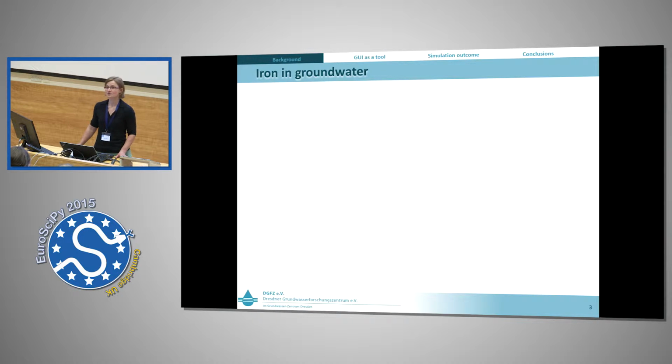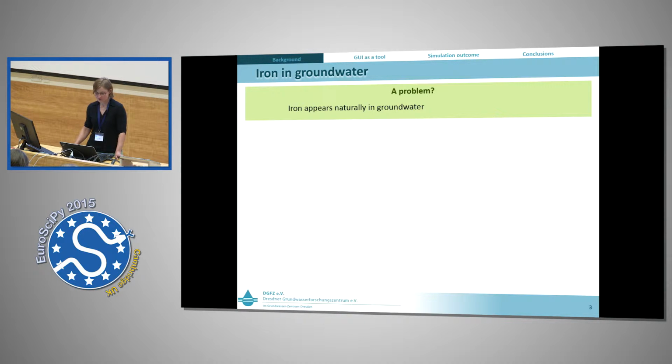And I want to enable the engineers that are not able to use our scientific software to work with it by applying this graphical user interface. So this user interface deals with iron in groundwater, is modeling the things that happen there, and why actually iron is a problem in groundwater.